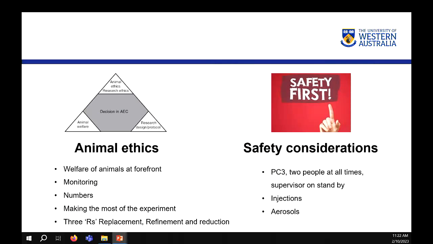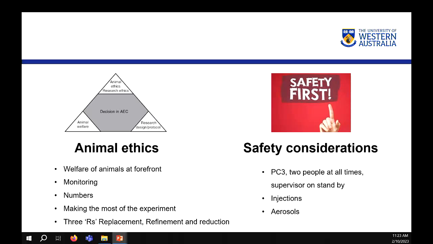Obviously we need animal ethics. Like I said, my latest application was 150 pages, but we managed to get it through. The welfare of animals is at the forefront. For monitoring, you have to go in and look at the animals at least twice a day, if not more, especially if they're not well. There's the number of animals, making the most of the experiments and making sure you get as much information as you can out of them.